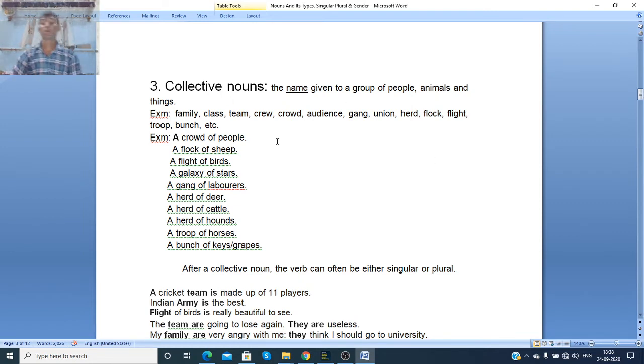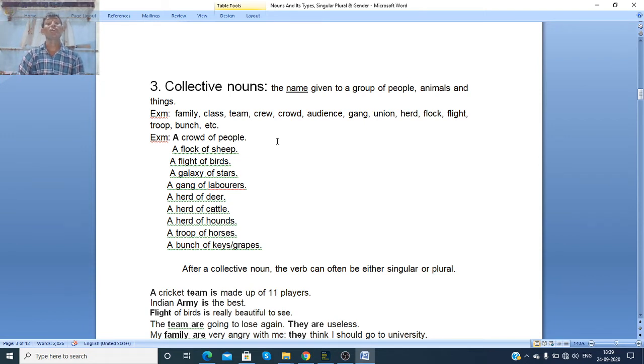There could be a father, mother, son, daughter, grandfather, grandmother that live together, called a family. Class, more than one student that study together, is called a class. Team, 11 players that play together are called a team. The name of those 11 players is team.